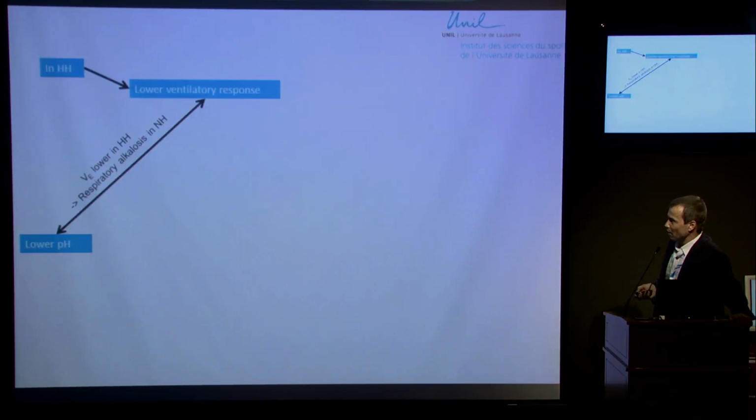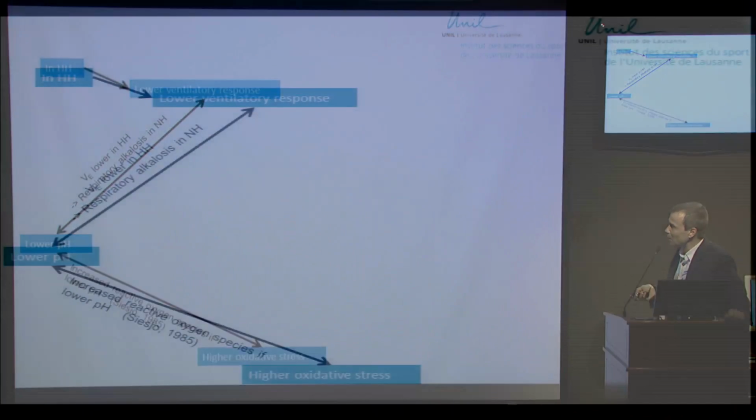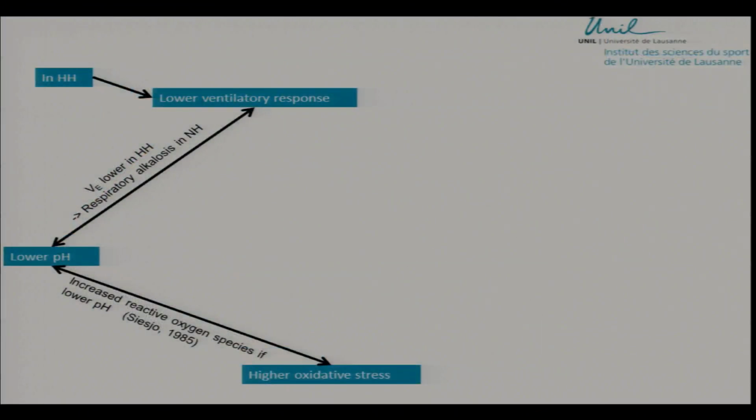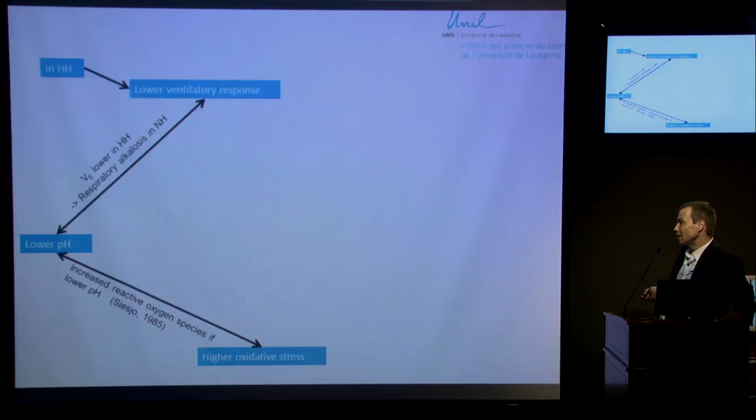Pialot reported also that the increased oxidative stress is associated with a decreased NO, that it can blunt NO metabolism. In the study of Raphael, just to summarize, we get a lower ventilatory response in HH. We get a lower pH. So there's a direct relationship here, not that difficult to understand. Then we get a higher oxidative stress. Some people ahead of us found a relationship between the pH and increased reactive oxygen species.